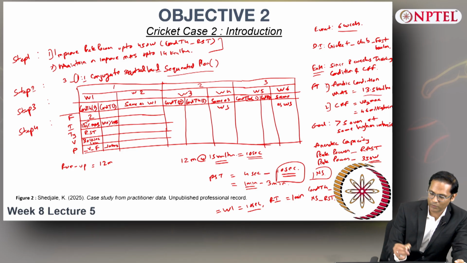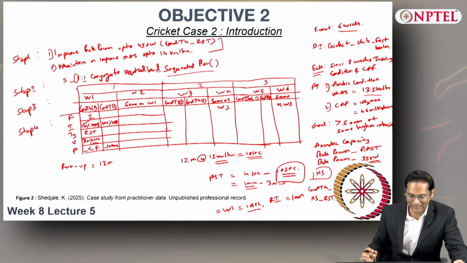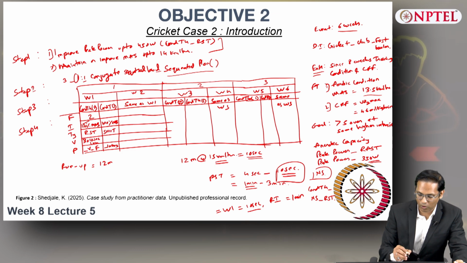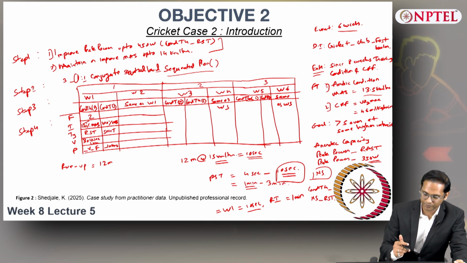So the progression is given with respect to increasing the intensity. The type of HIIT would be short HIIT.